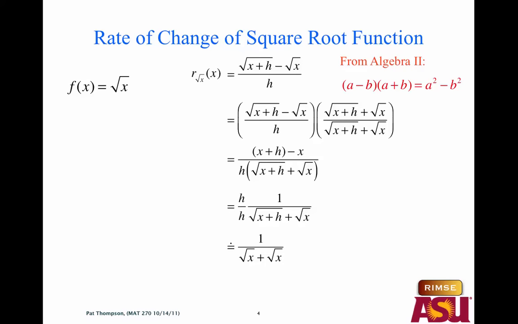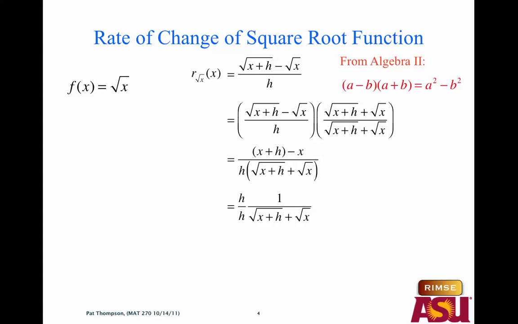And when h is really small, so I kind of went a little faster. All right, so x minus x is 0, so all we have left in the numerator is h. Right? h over h is 1, so our h's go away. And then also we want h to be really, really small.